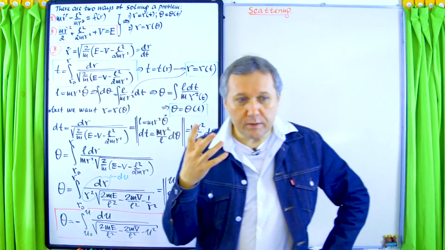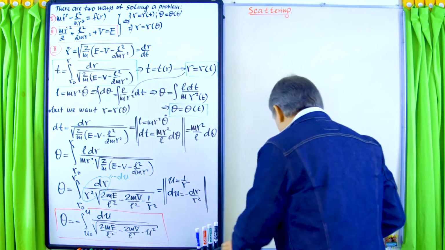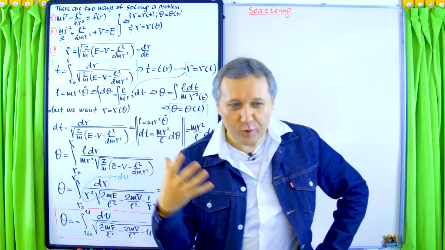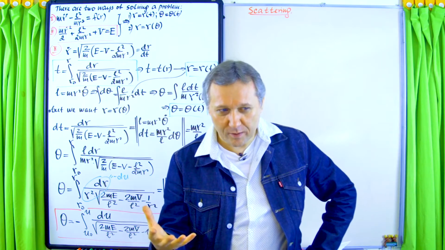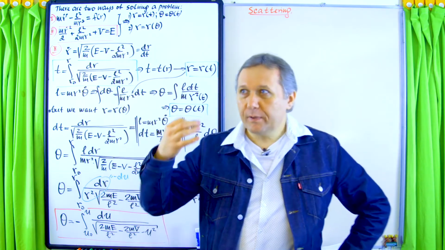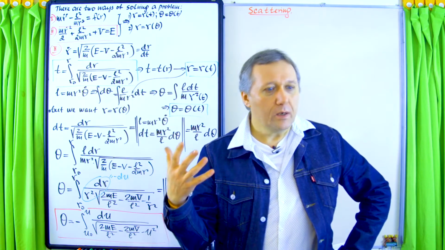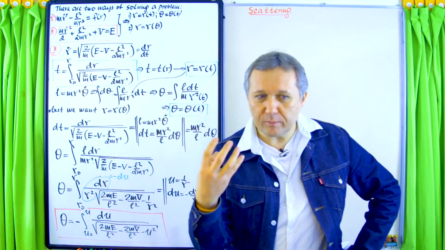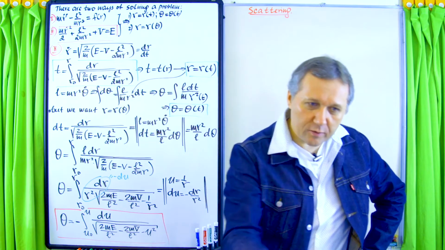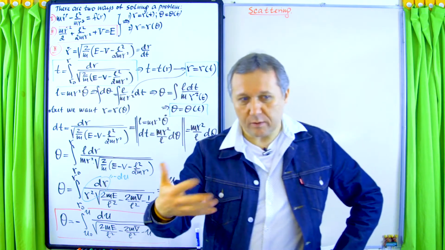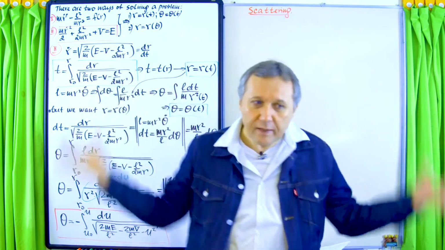Look, what do the people who work in atomic physics usually do? They try to get, for example, the structure of some atoms, or maybe they want to get information about the force which those atoms or scattering centers create around themselves.